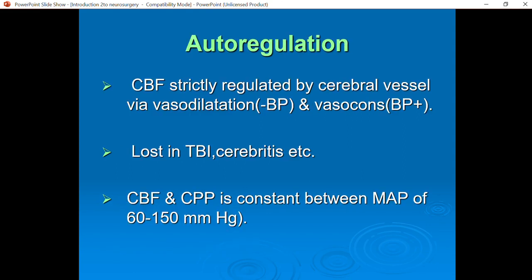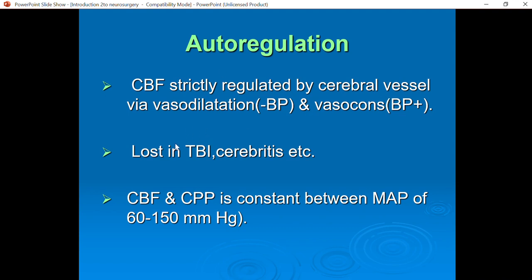This autoregulation is meant to keep the cerebral blood flow fixed at 55. In case the blood pressure falls, there is vasodilation, and when there is high blood pressure, there is vasoconstriction, to keep the cerebral blood flow fixed at 55.